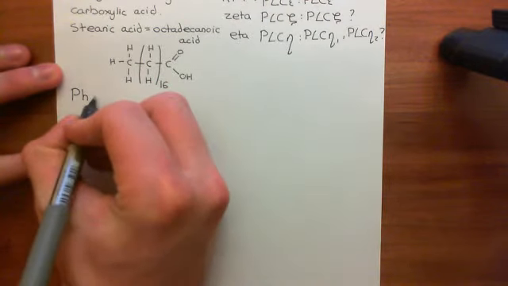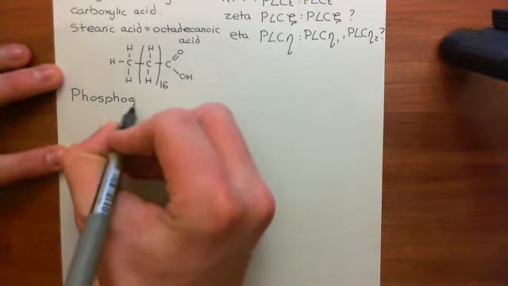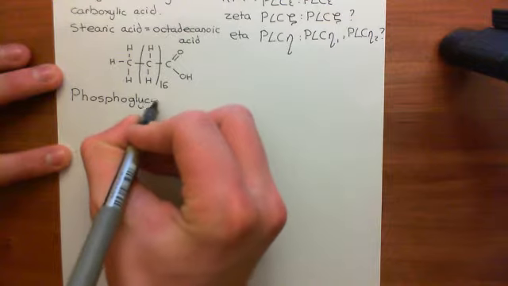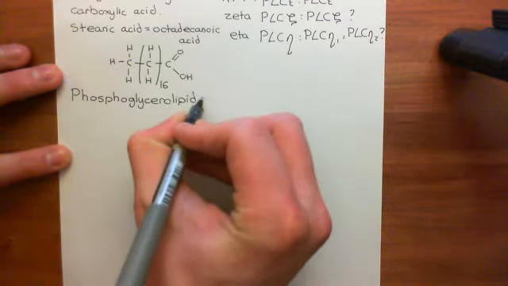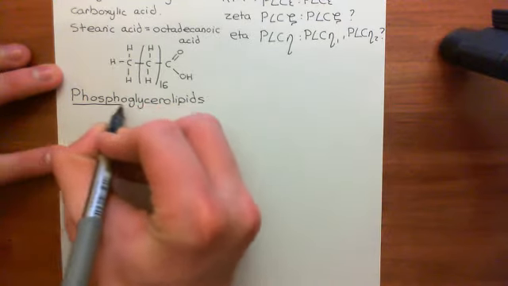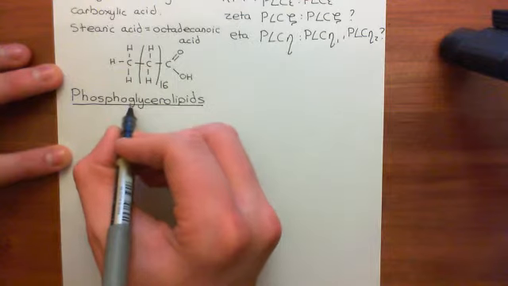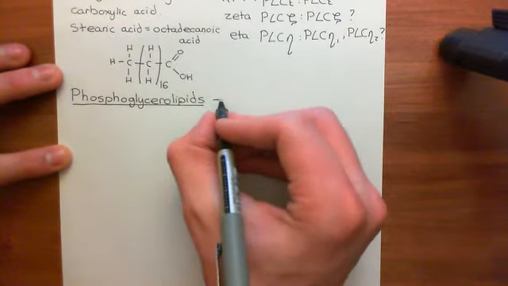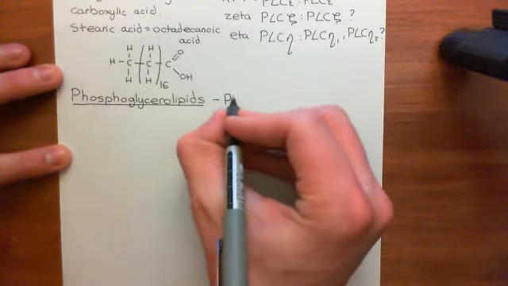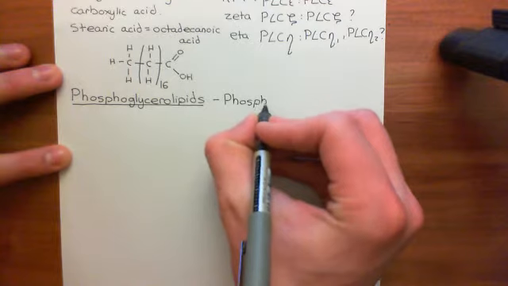So the biggest class of phospholipids present within the phospholipid bilayer are molecules called phosphoglycerolipids. Okay? Right, so what is a phosphoglycerolipid? Well, as the name suggests, it's going to have glycerol within it. And all of these phosphoglycerolipids are going to be based on the structure of a molecule called phosphatidic acid.